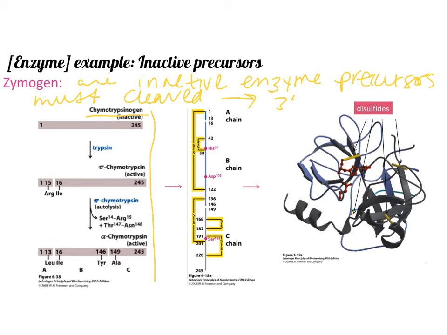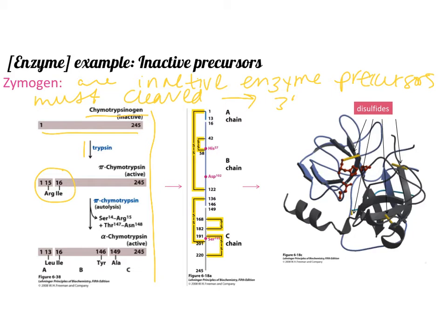So you could have chymotrypsinogen, elastasogen, and trypsinogen. And chymotrypsin, this is its primary sequence, from 1 to 245 residues. The first thing that happens is a trypsin cuts right here between an arginine and an isoleucine, which makes sense because trypsin cleaves to the C-terminal side of positively charged residues.